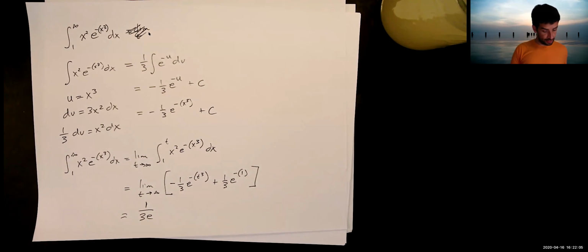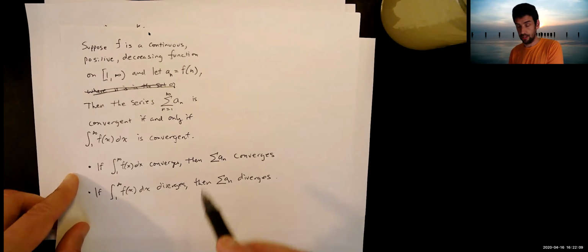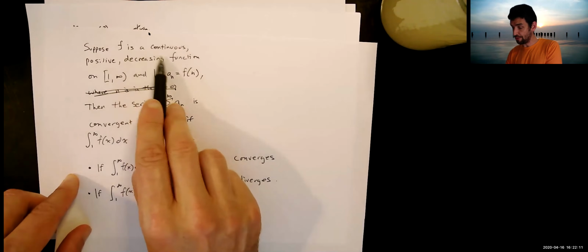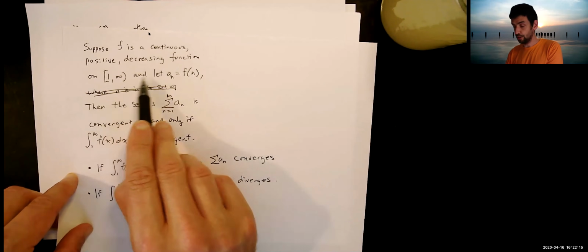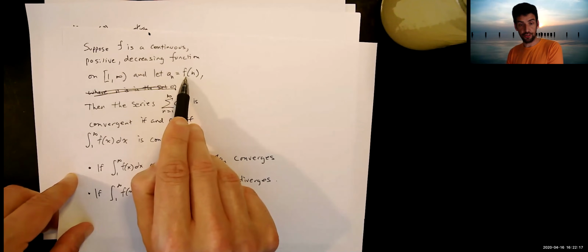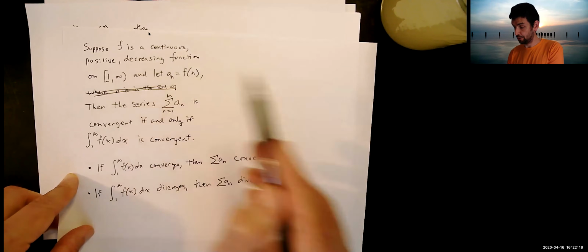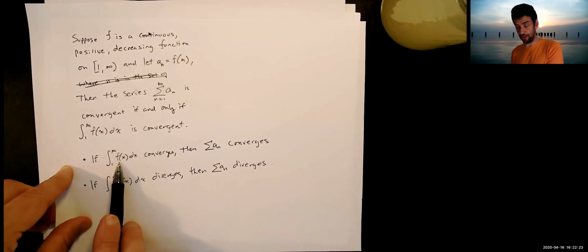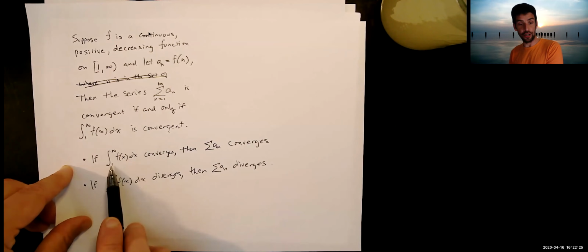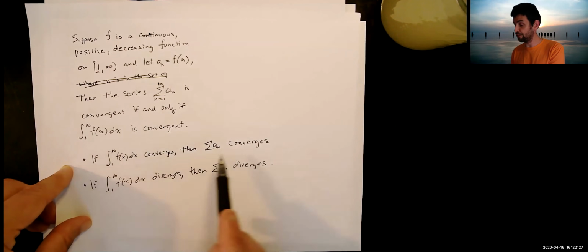What we just did, we found f, a positive decreasing function on this interval that is equal to our series on the integers. And we found that the integral of this function over the interval 1 to infinity converges.